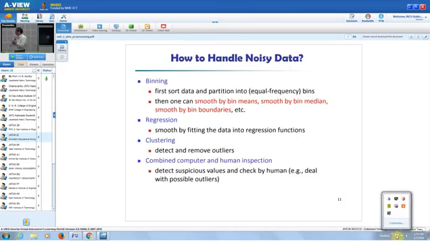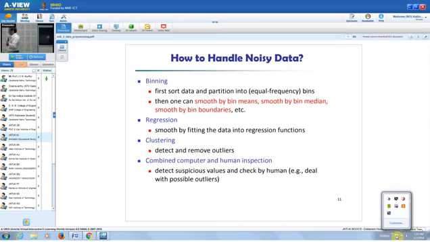Same reason you will have for noise because of missing values or inconsistent data. And binning is one technique you will use to smoothen the noisy data.